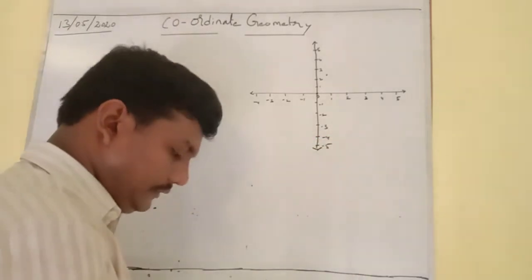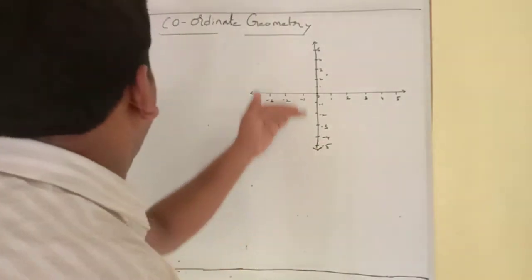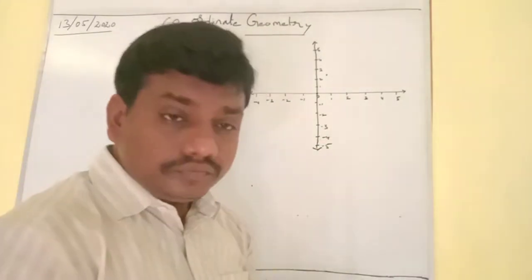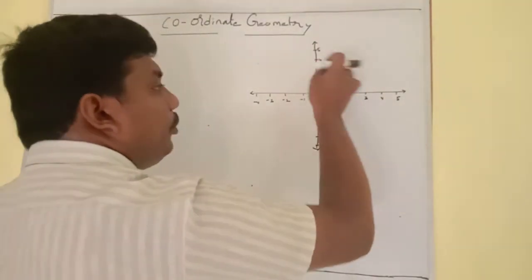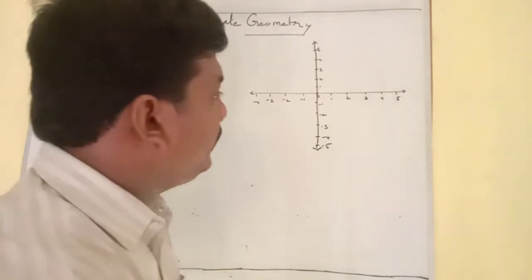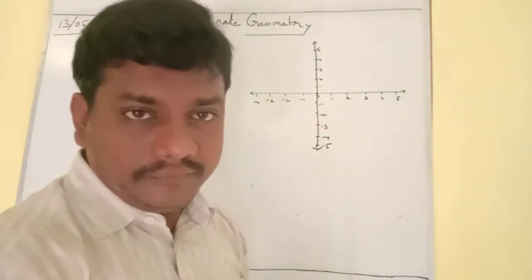This is a horizontal reference line and this is a vertical reference line. That means to locate a point we need two reference lines, one horizontal and another vertical.